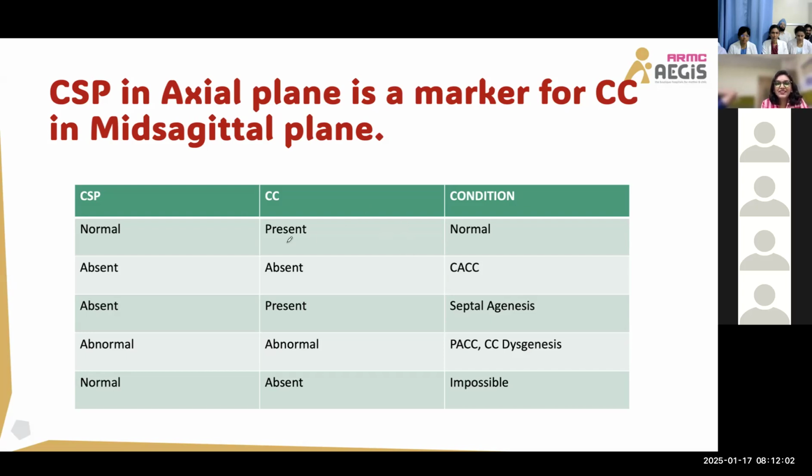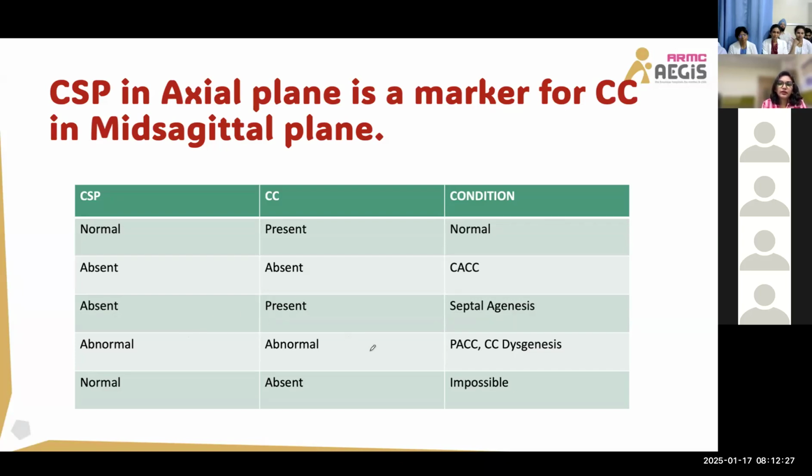Okay, sir. So in normal individuals, both CC and CSP will be present. Whereas in complete agenesis of corpus callosum, both CC and CSP will be completely absent. In conditions such as partial agenesis of corpus callosum or corpus callosal dysgenesis, both CC and CSP will be abnormal.